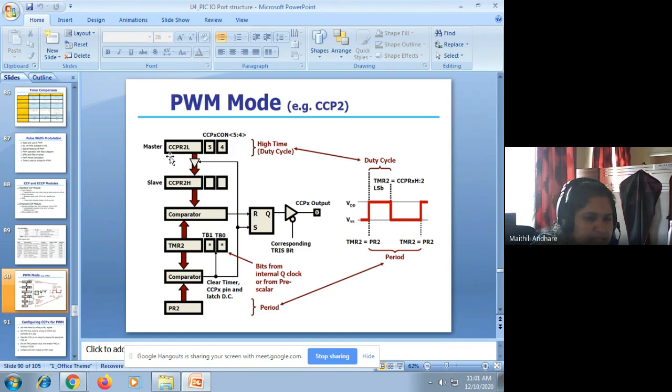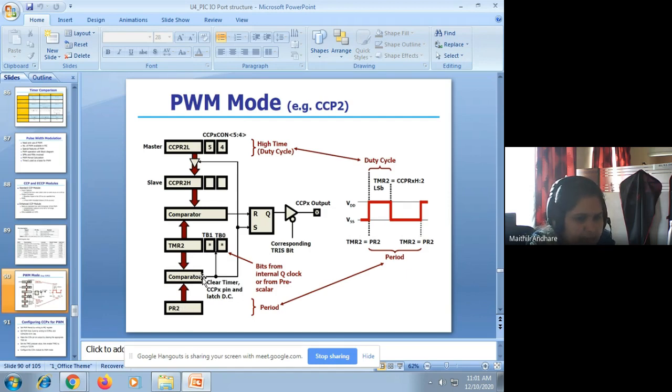Then CCPR2L and CCPR2H are the two registers where you have to load the value. Then timer 2, this is the timer register of timer 2. Then a comparator is there, here also a comparator is there. Now see what happens: when the timer starts counting, first of all it is compared with this PR2.